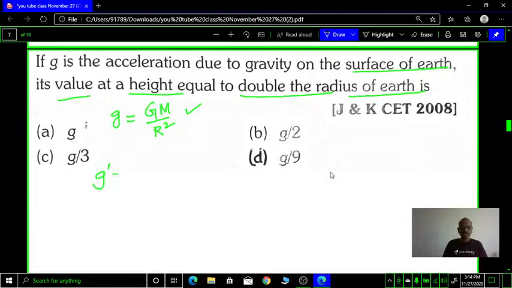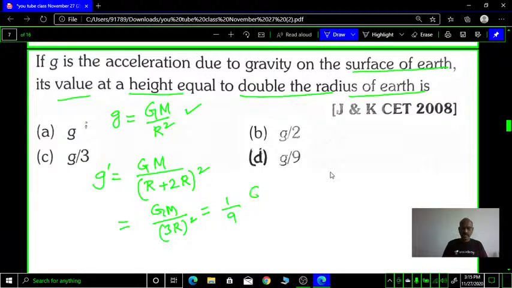Now g dash equals G M by r square. What is r here? At a height from the surface of the earth, what is the g value at a height equal to double the radius of the earth? The distance is R plus 2R, whole square. This is important. So G M by 3R square, you will get 1 by 9 G M by R square.